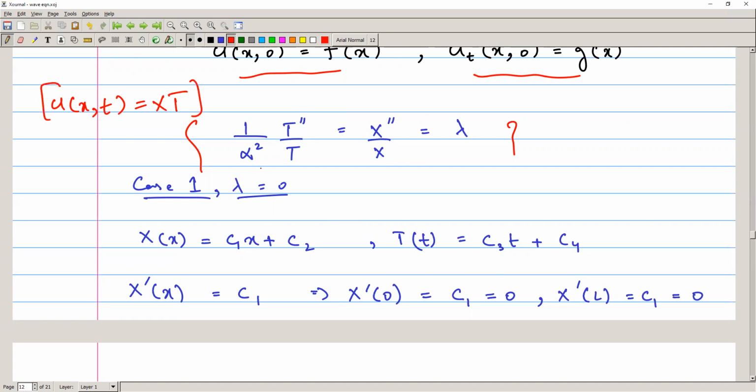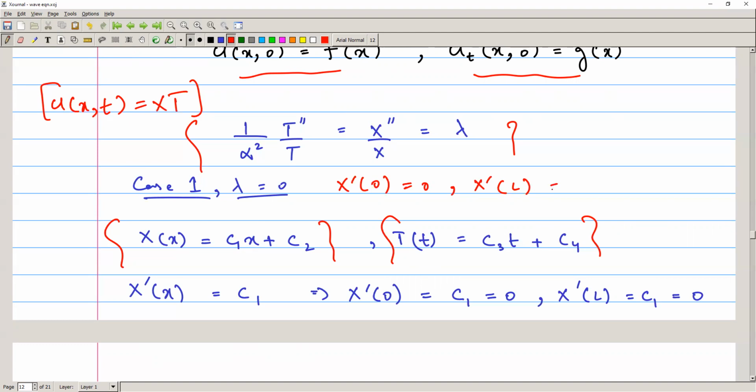So here is case one, that is for lambda equals 0. This is the solution for x, this is the solution for t. We will apply the conditions. The boundary conditions are x prime of 0 equals 0, and x prime of L equals 0.